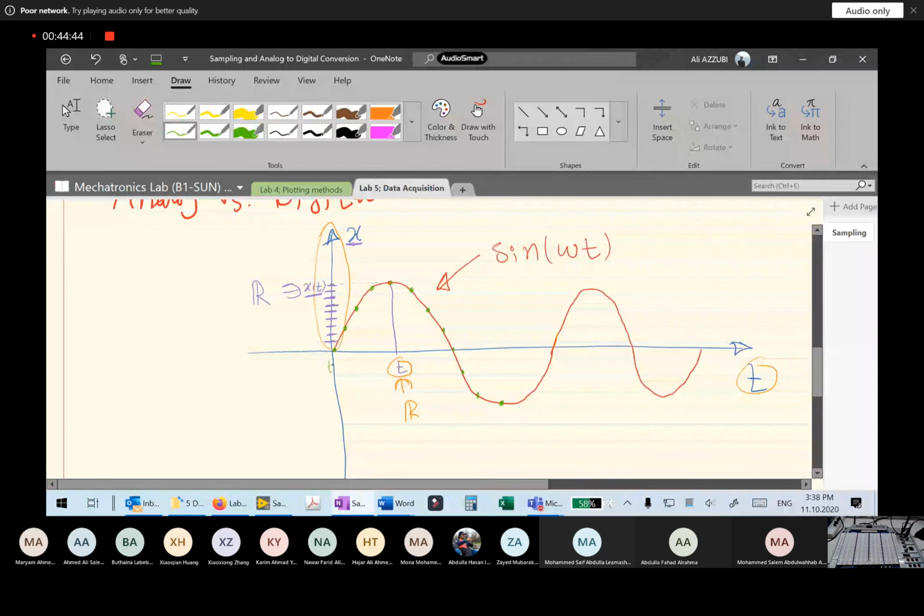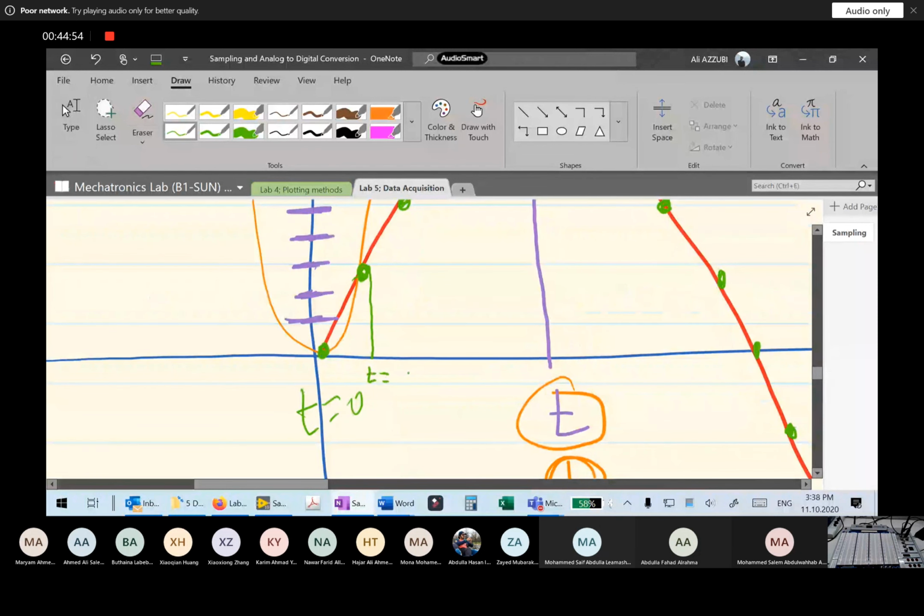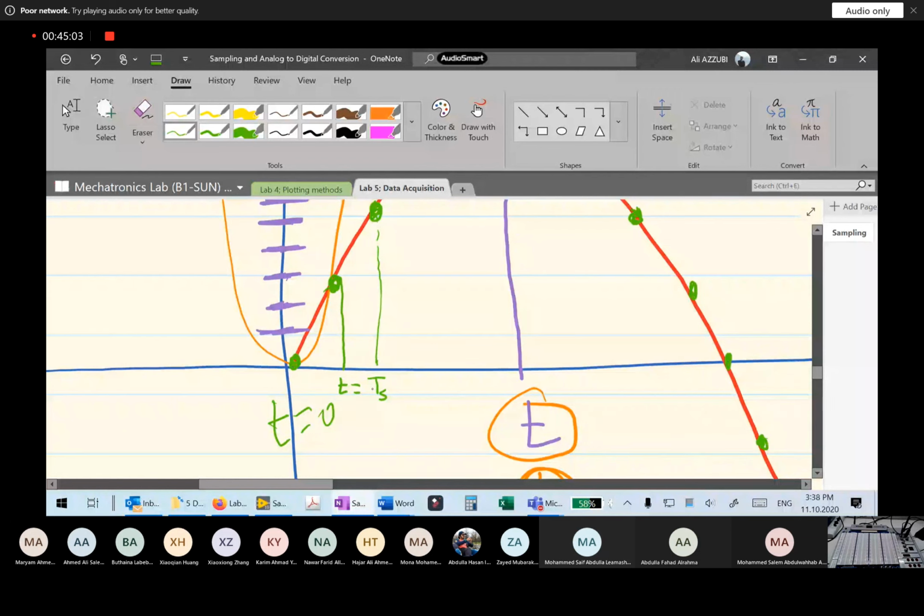Here I have t equals 0, here t equals Ts, the sampling period, and here t equals 2 Ts.